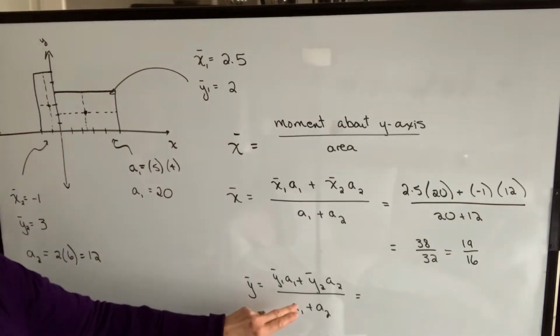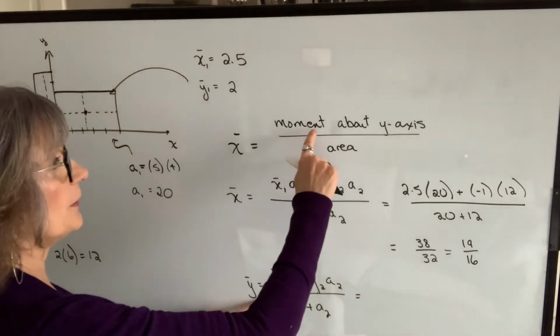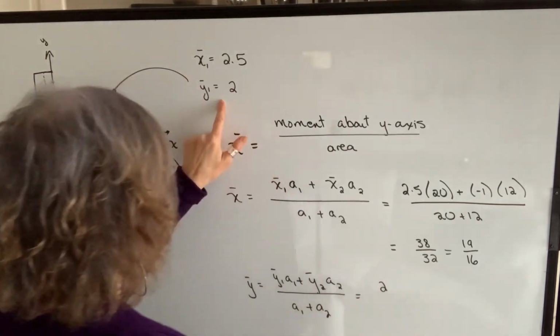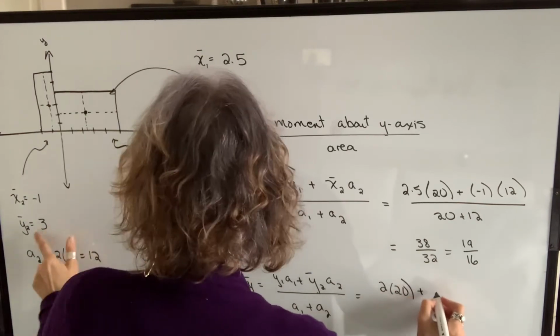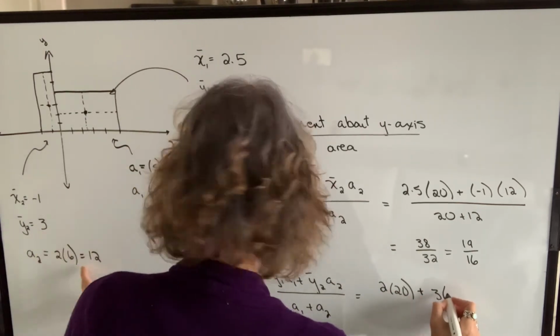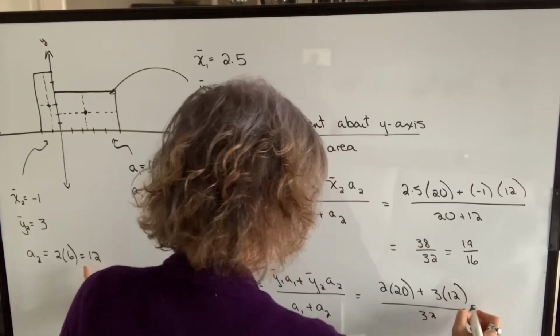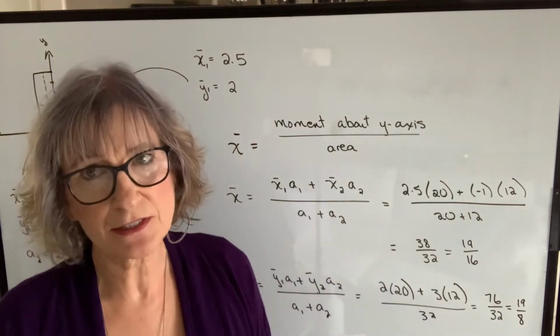I'll do the same thing to find the y-coordinate of the centroid, but I'm going to find the moment about the x-axis. This coordinate times the area plus this coordinate times its area, and divide by the total area. So when I do the calculation, I get 76 over 32, and I can reduce that to 19 over 8.